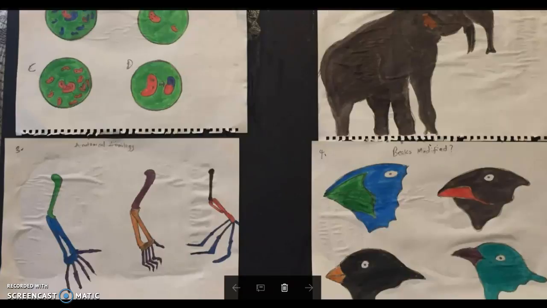An example of that is the discovery of extinct species. Thirdly, homology. An example of that is the similarities in mammalian forelimbs. And lastly is biogeography. An example of that is the similarities of modified beaks in birds under the class Aves.